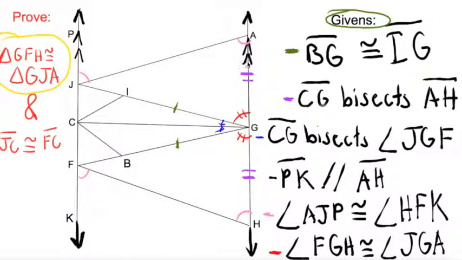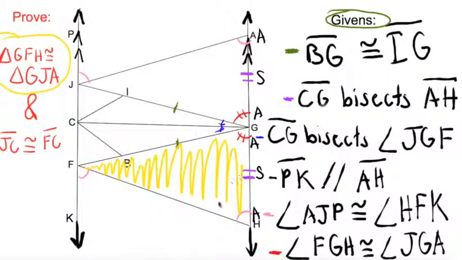So that means that we have an angle, a side, and another angle to show that these two triangles are congruent, and that shows us the angle side angle conjecture that proves congruency between different triangles. As you can see, angle, side, angle. So since we finished that, now we can color that in as yellow to show that we've already proven them as congruent.